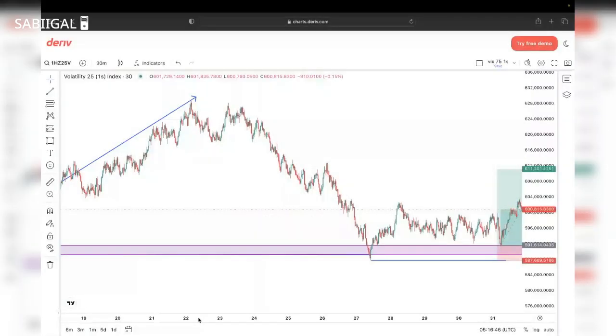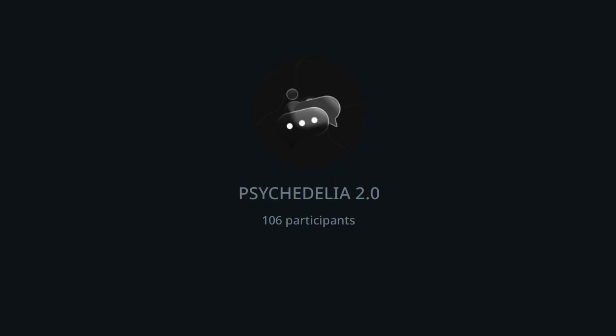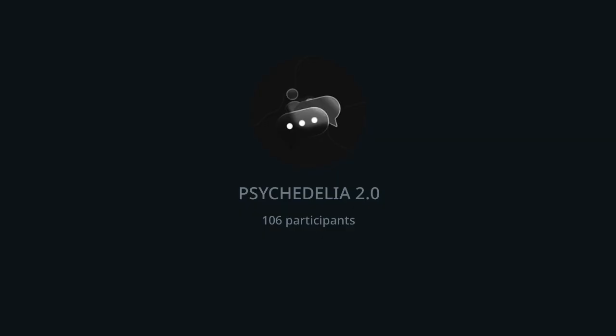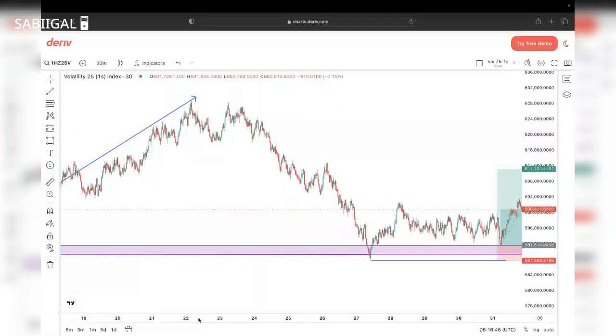Now, what are the qualities you will see that might convince you to enter a trade without waiting for the point of interest to be taken out?